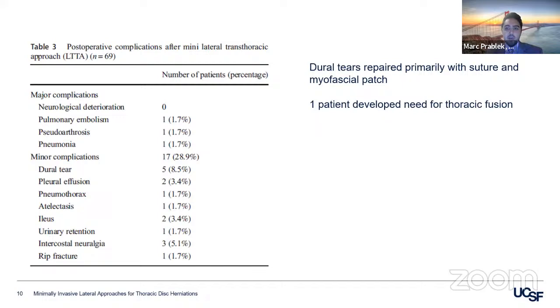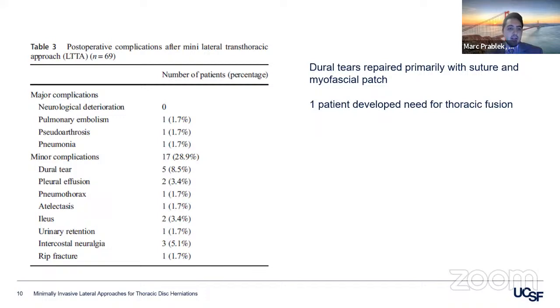There were 5 patients with dural tear, which were repaired primarily with the help of a myofascial patch, and no issues with CSF fistula or persistent CSF leakage at follow-up. And then, as Dr. Tan mentioned, there were 3 patients, or about 5% of patients, with intercostal neuralgia.